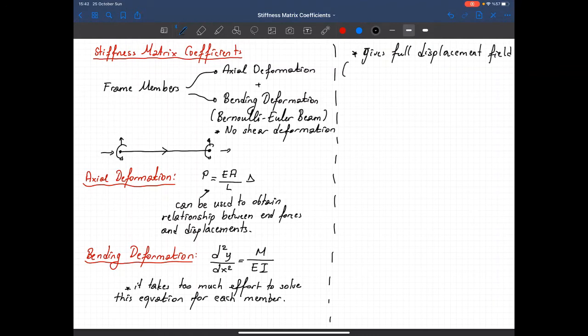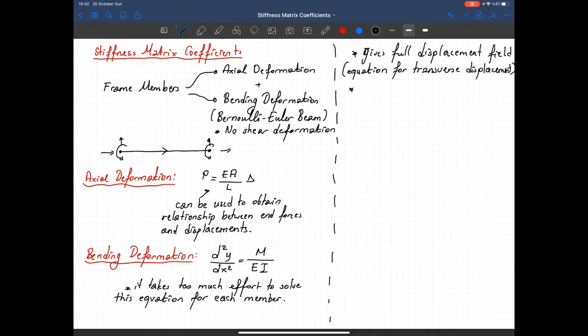It is the equation for the transverse displacement. So it gives me the full equation. I mean, by using that equation, I can determine the displacement at any point. So this is too much information for us. Why?